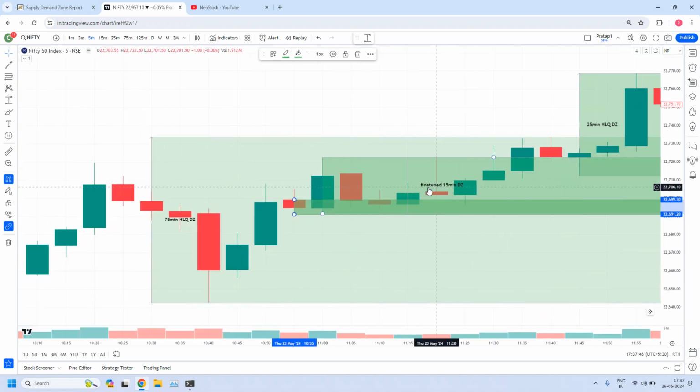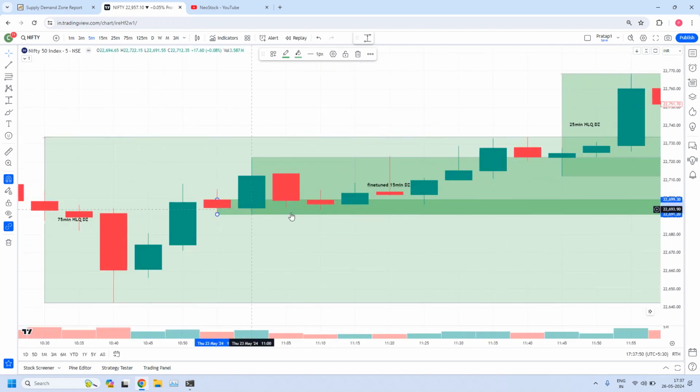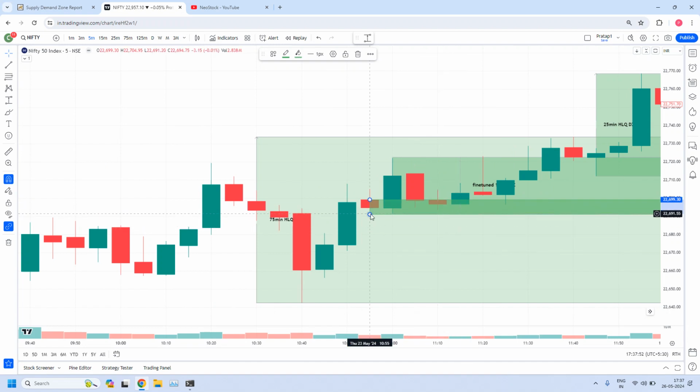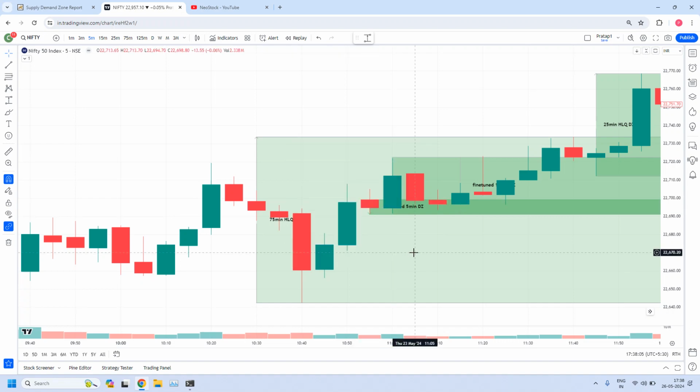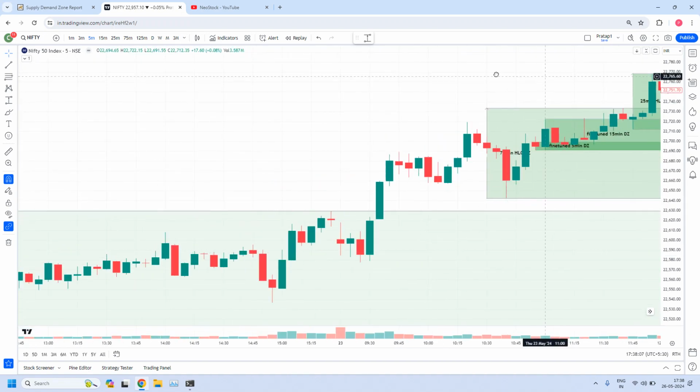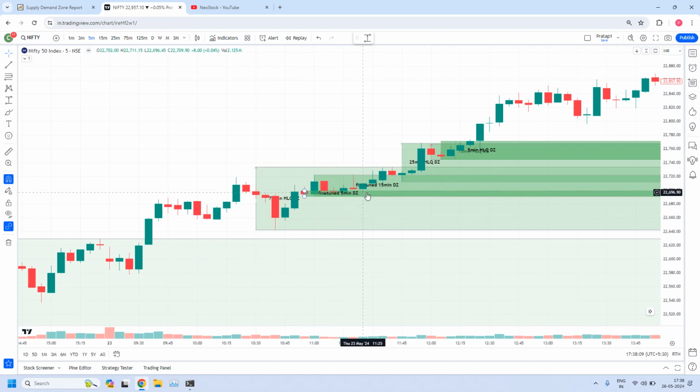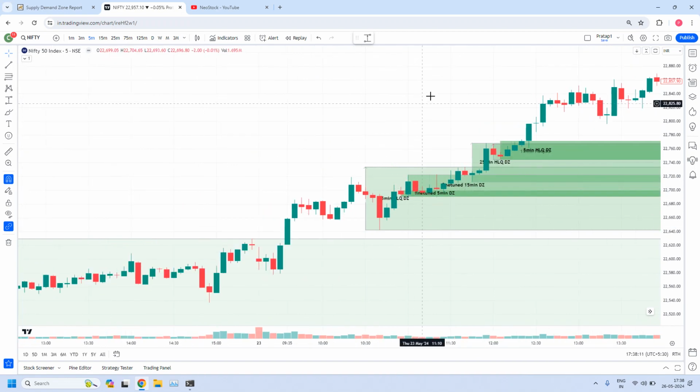That's why there could be some strong order flow, but how strong we don't know. Let me draw it, but remember, this is not a fresh zone. This is a fine-tuned 5 minutes demand zone, and it is already tested. It is not a fresh zone.